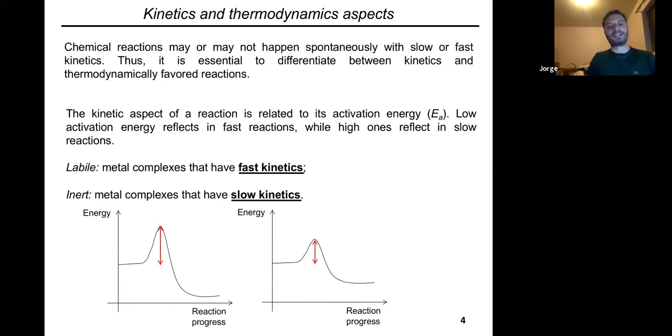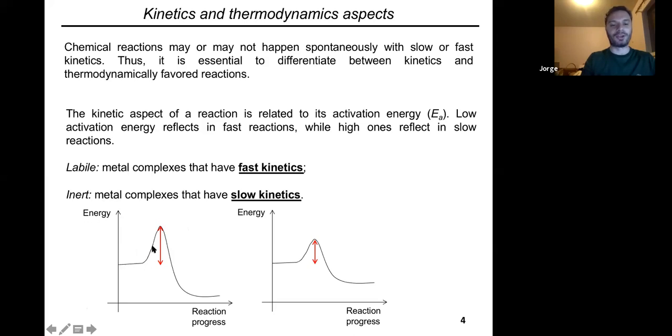All right, let's see two examples of two different reactions. Let's start with the first one on your left side. This is a diagram of energy against reaction progress. We have here our starting point, the energy of the reagents.